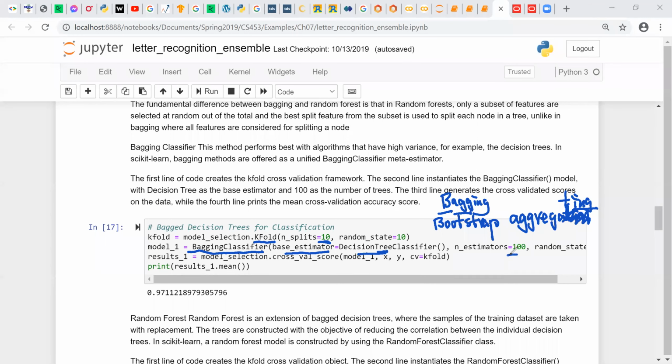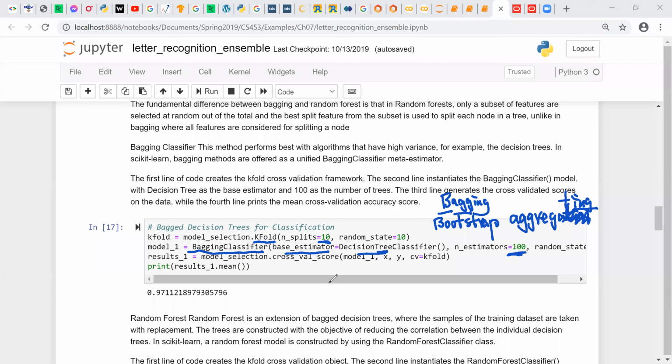And how many trees? 100 trees. That's huge, a lot of trees. So definitely this is ensemble, you have multiple trees.